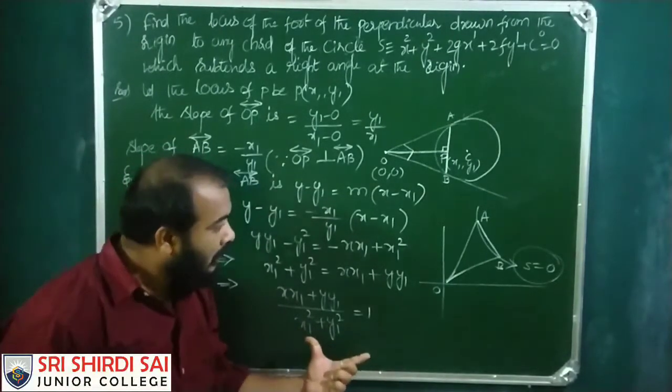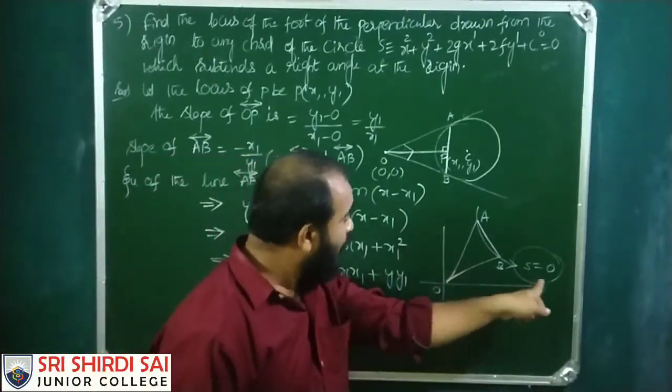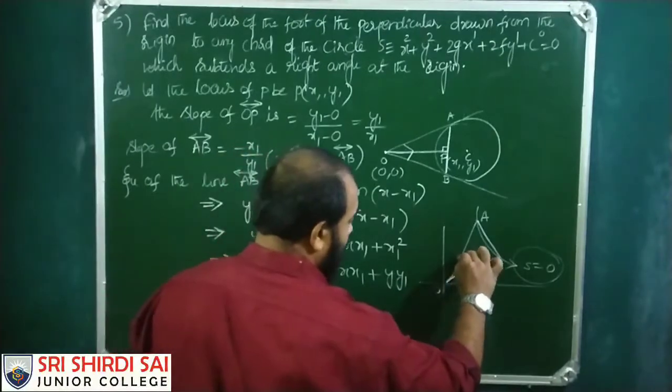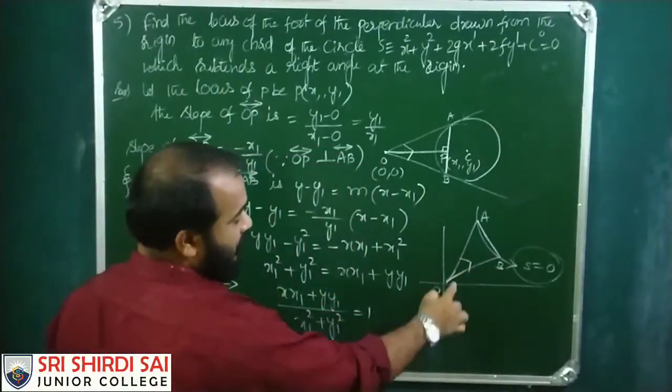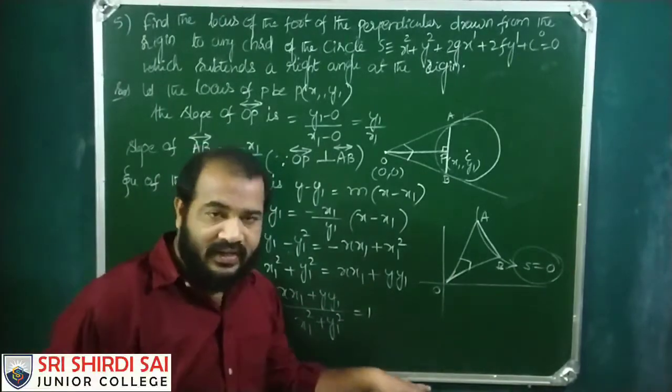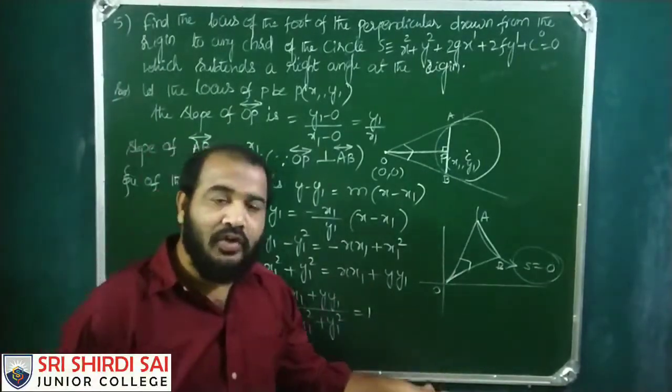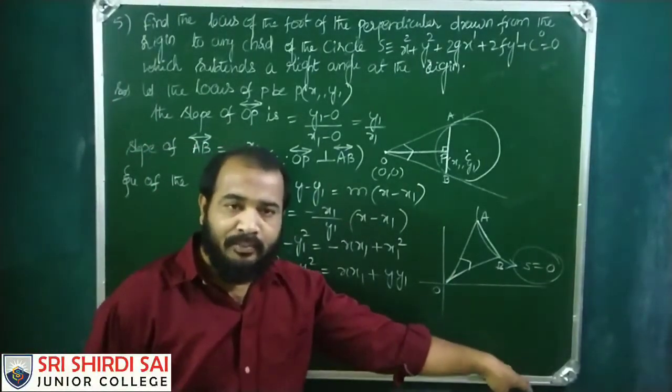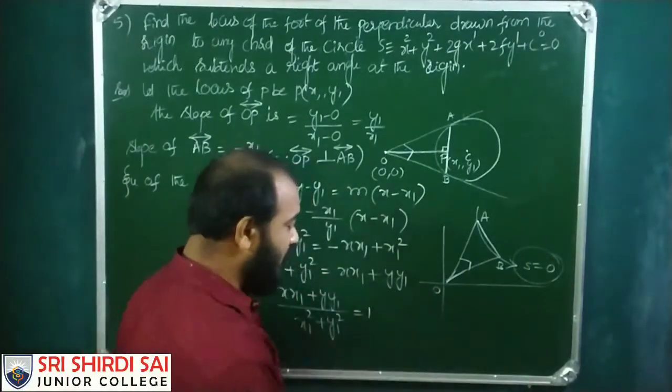Since OA and OB are perpendicular to each other, so 90 degrees, then whatever answer we get here, coefficient of x square plus coefficient of y square equals 0, because what is cos theta?